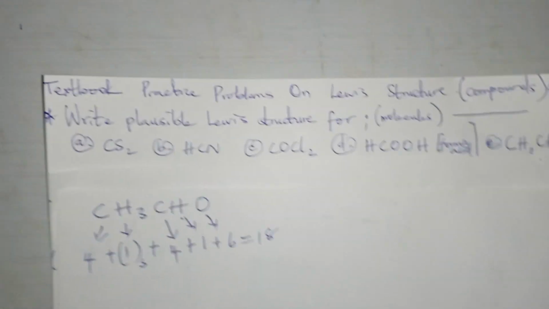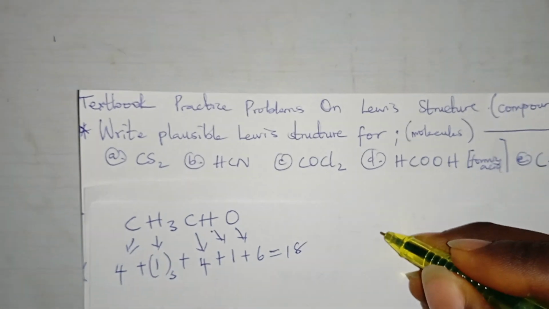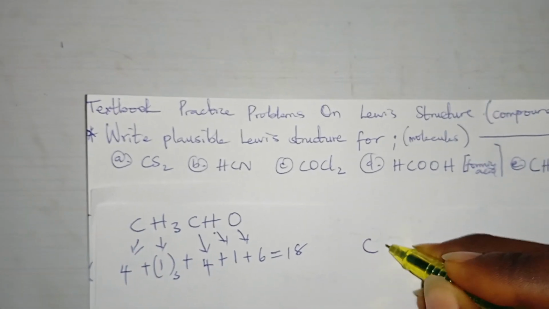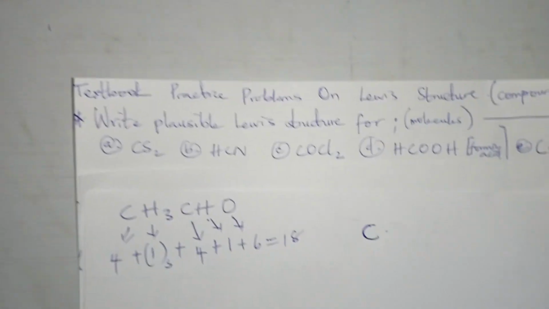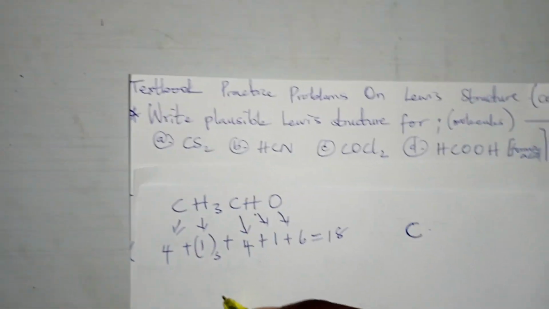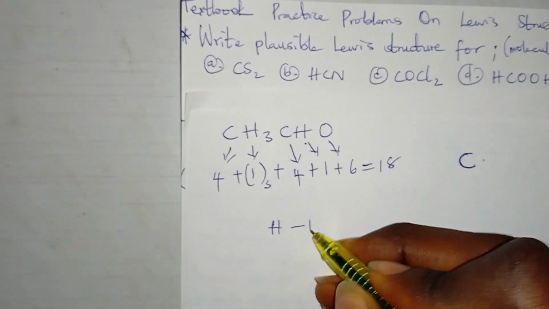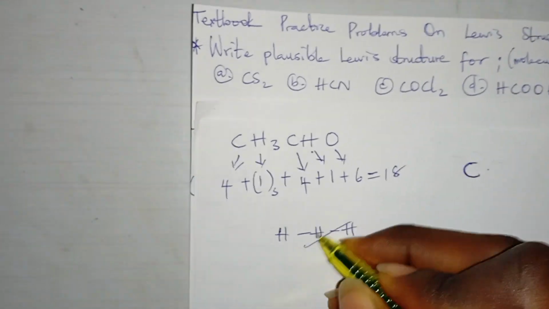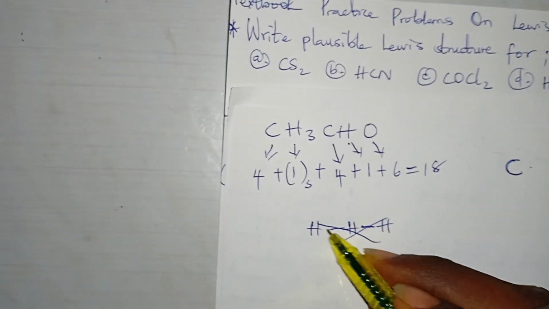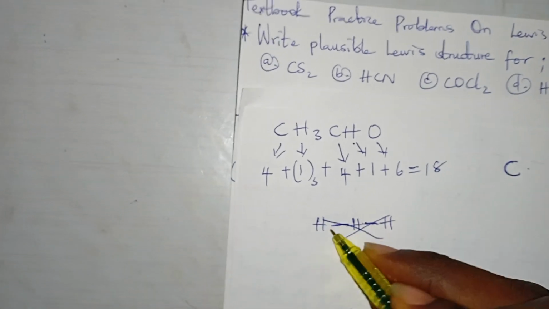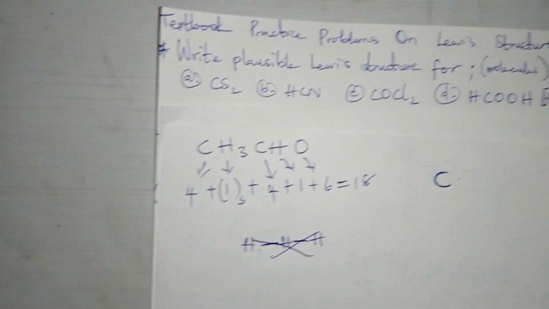So I will have this to be C. Always make sure that hydrogen is not placed in the middle, in such a way that you do things like this. This is wrong, because this particular hydrogen in the middle would have 1 2, and that is 1 2 3 4. Hydrogen cannot have up to 4 electrons.